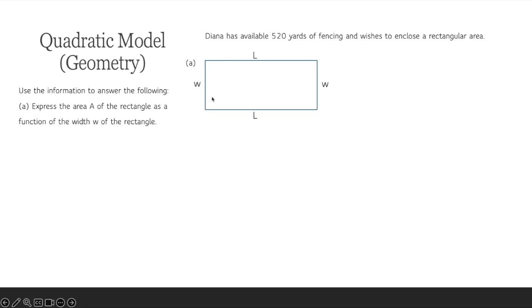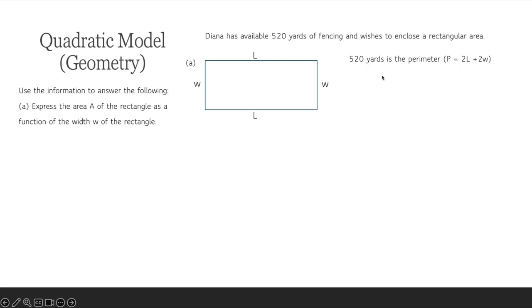So I call this the length, and this is also L. If I call this the width with W, then this is also W. When we are talking about fencing, it's because we're going to fence around this rectangle, and you're going to think geometrically that this corresponds to the perimeter. So 520 yards is the perimeter for this rectangle, where perimeter is given by the sum of the size of each side.